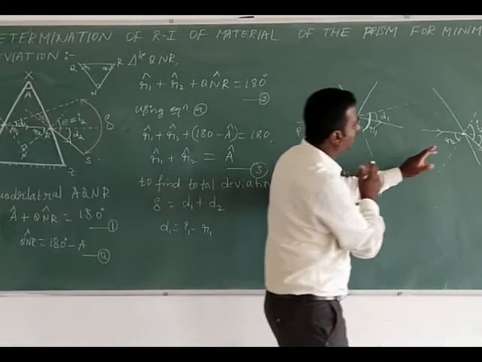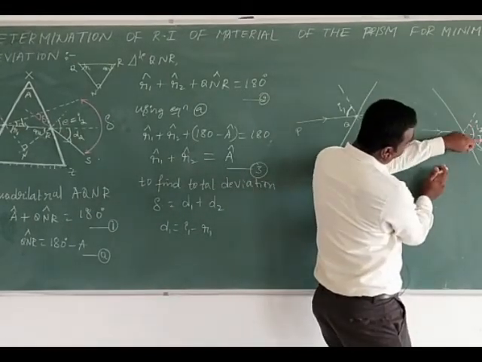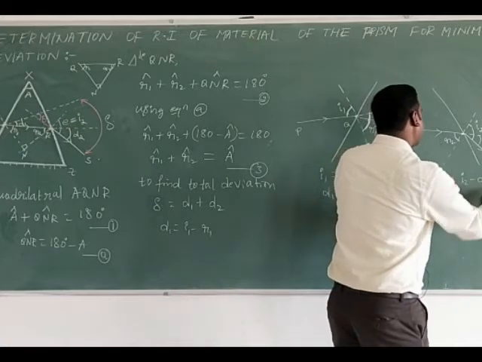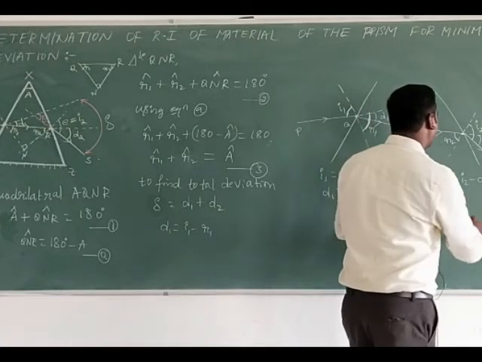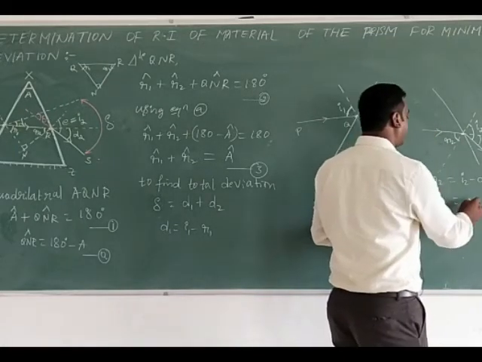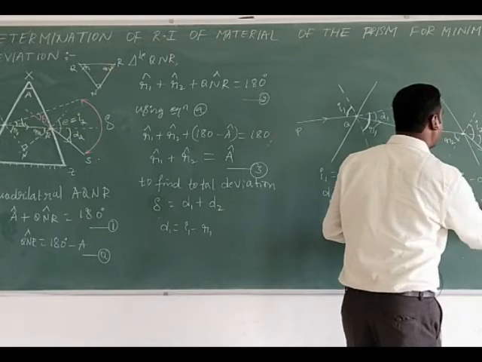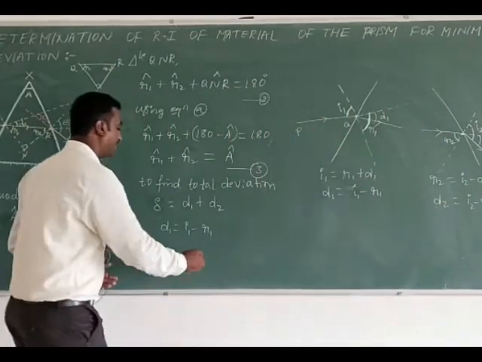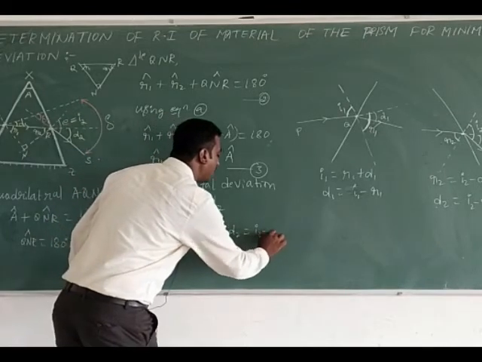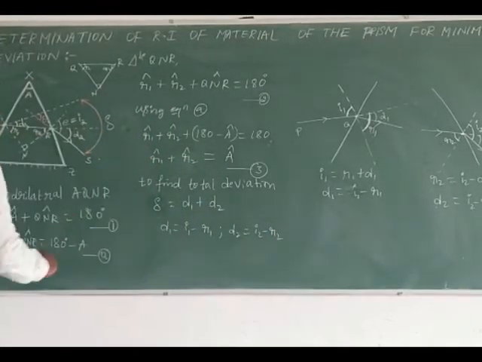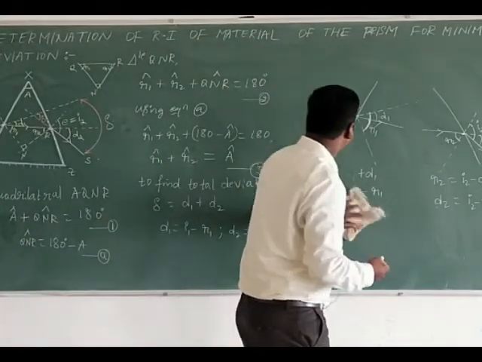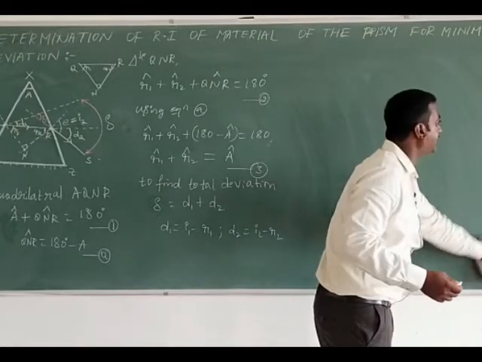So R2 is equal to I2 minus D2, and D2 can be written as I2 minus R2. So D1 is I1 minus R1, and D2 is I2 minus R2. So now the total deviation becomes, I will rub this here, it is not required, it is only so that you understand.